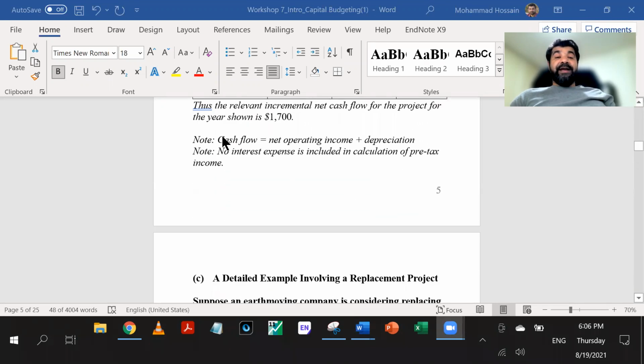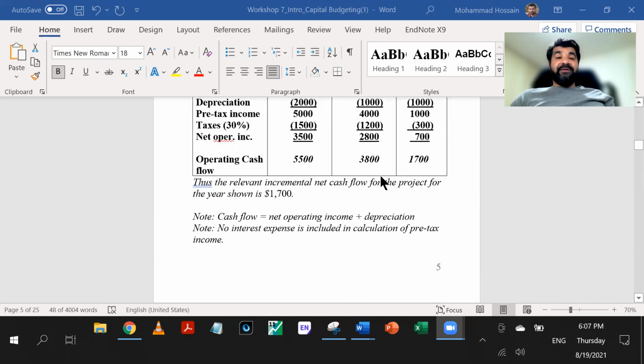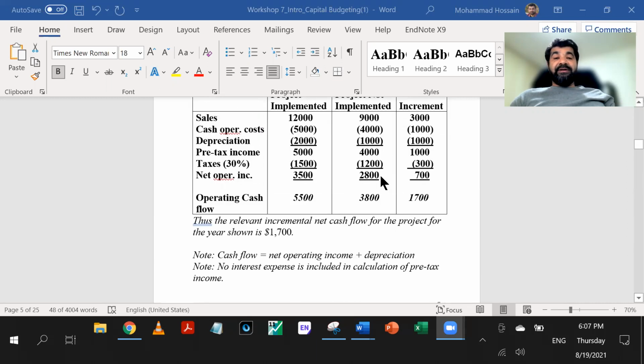Note the cash flow formula. Cash flow will be equal to net operating income plus depreciation. That's how you calculate the cash flow. No interest is included in the calculation of pre-tax income. So this net cash flow will be calculated as net operating income of 3,500 plus depreciation.